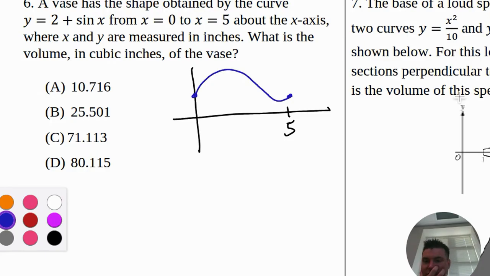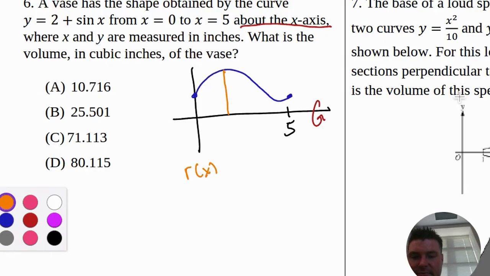What we're trying to do is it's being rotated about the x-axis. So we're going to find this partition right here, and it's going to be that blue curve, which is the 2 plus sine x. So my radius is 2 plus sine x.